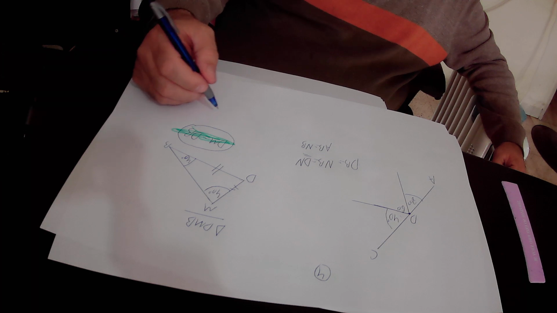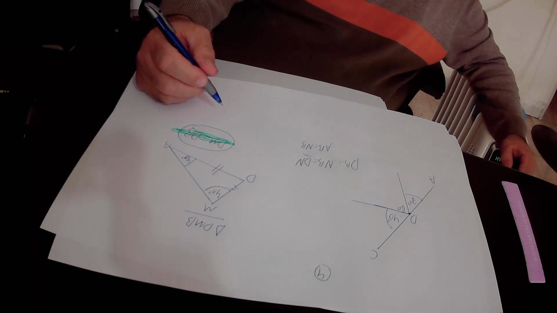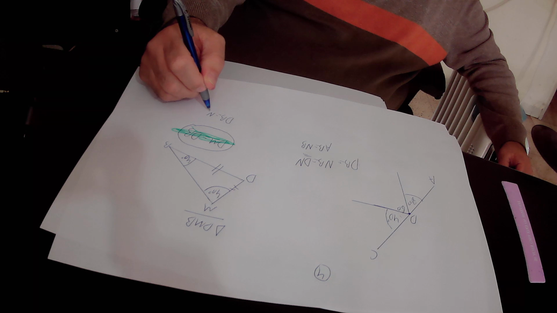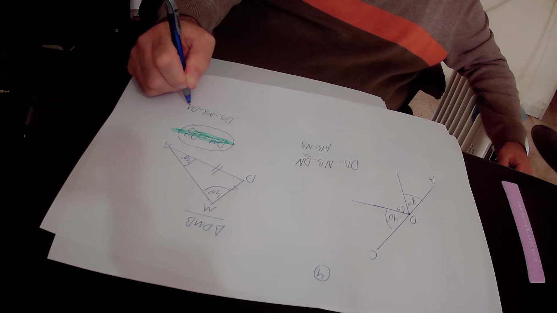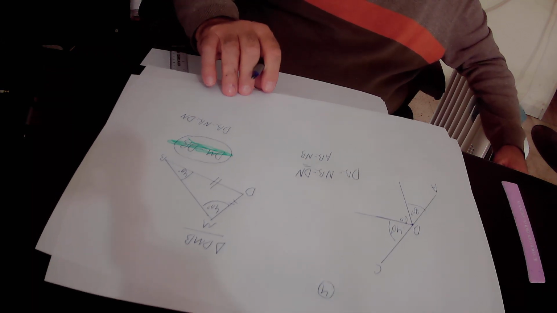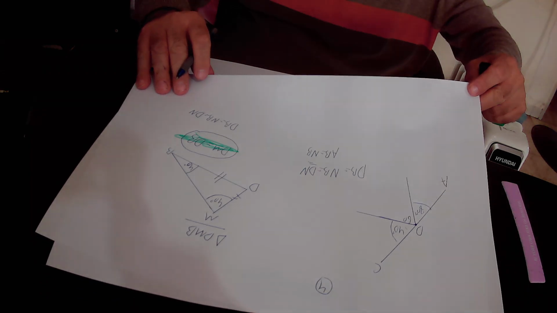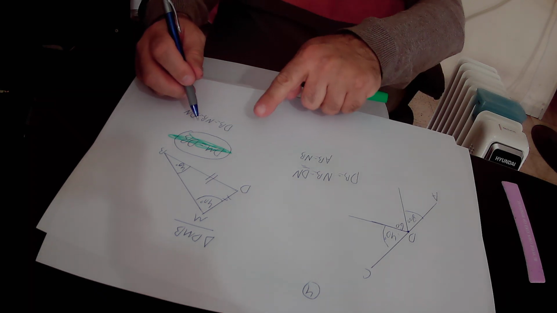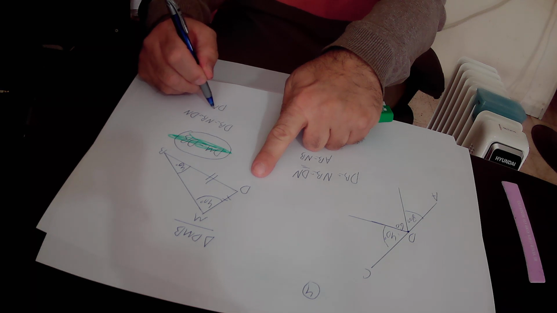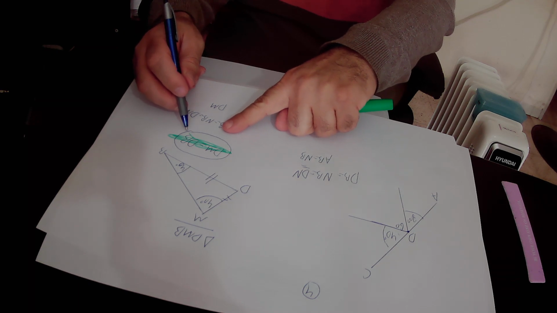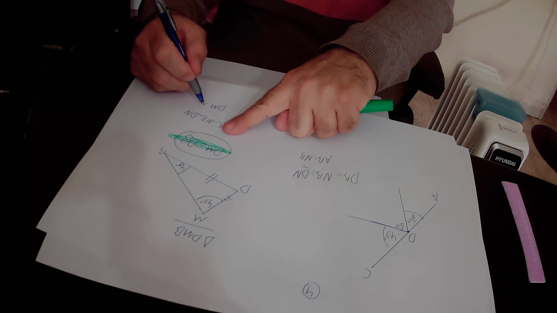And we've already found out that DB equals NB equals DN. So DM, from one side, equals DB.